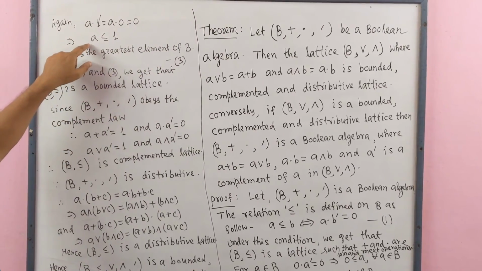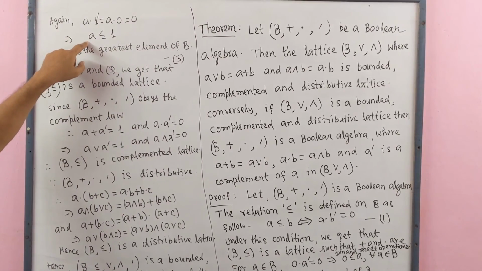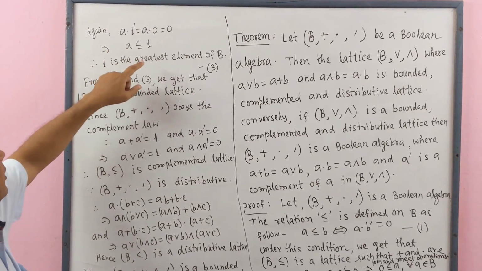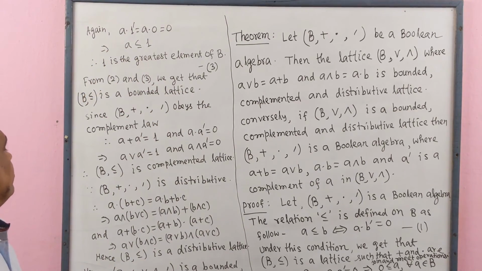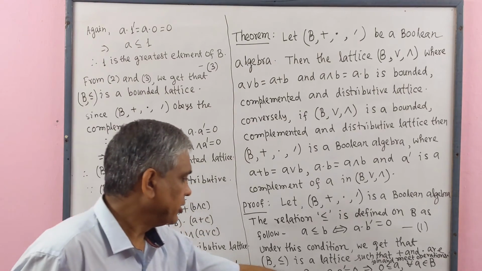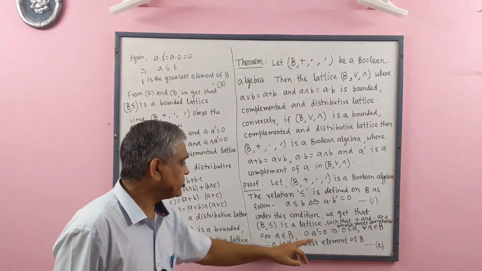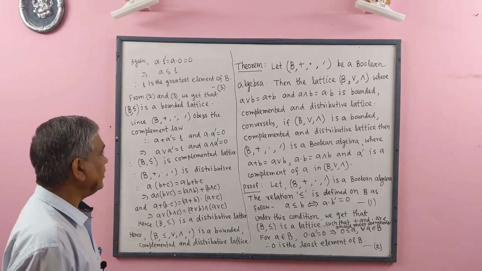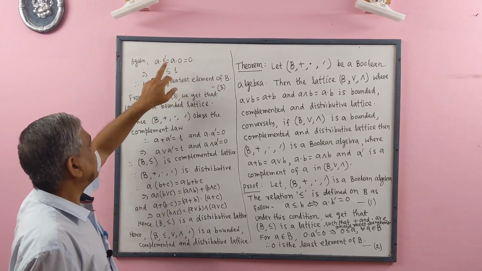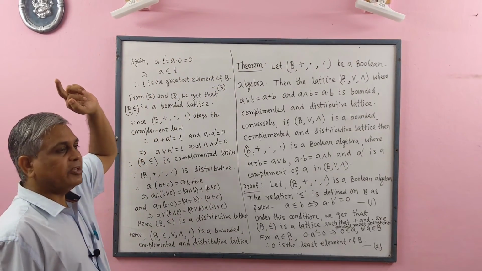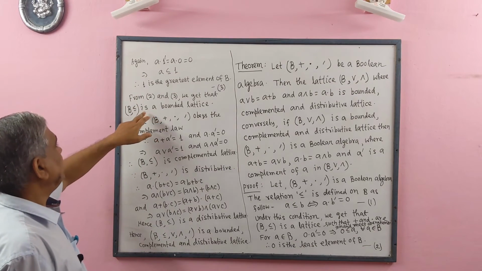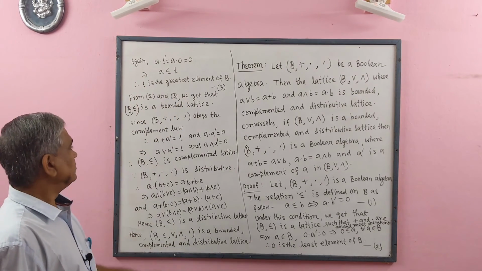Since A is an arbitrary element of B, from 2 and 3, here in 2 we get 0 is the least element of B, and in 3 1 is the greatest element of B. That means B is a bounded lattice.